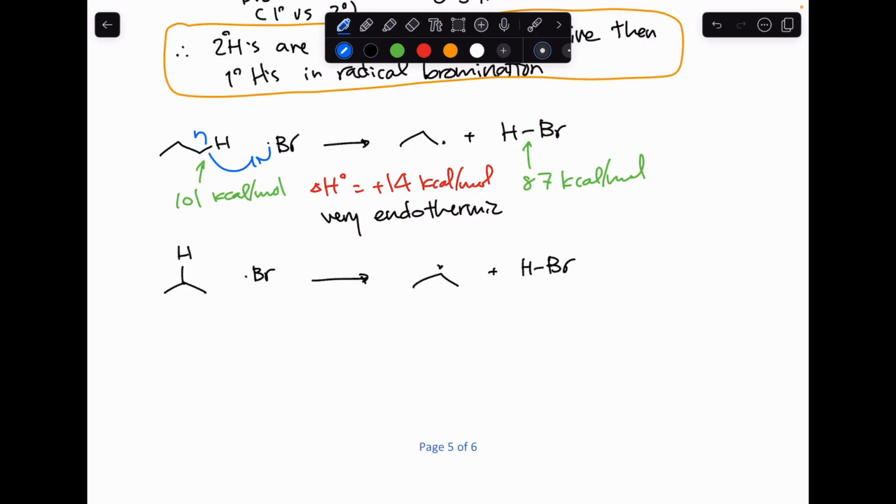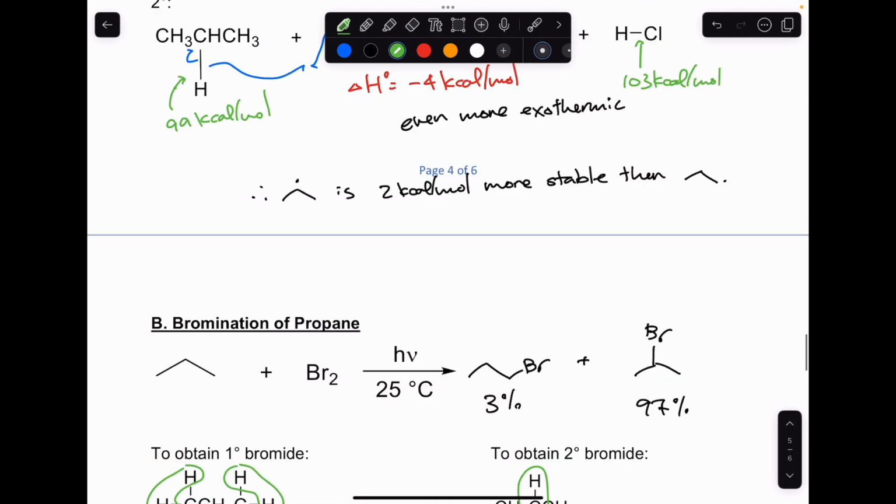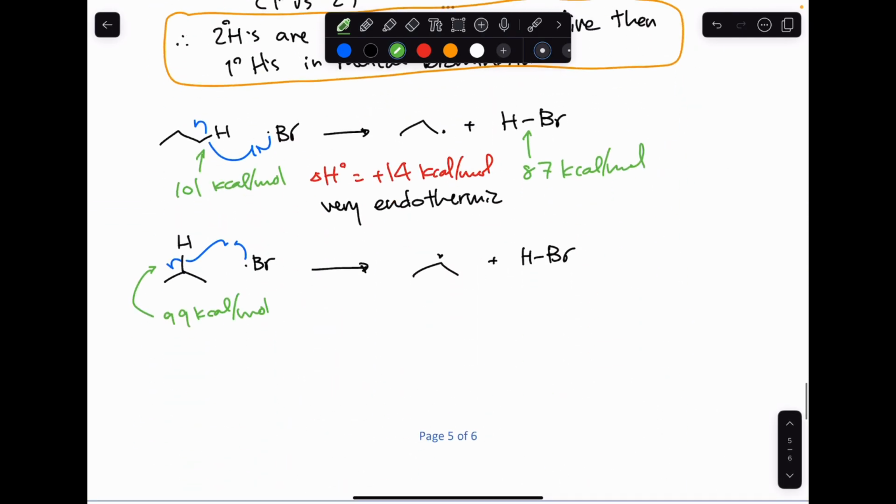The reaction is going to be like so. And the data says this secondary bond, remember, is worth 99 kilocal per mole. I think we used the same number earlier. Yep. And then HBr again is 87 kilocal per mole.